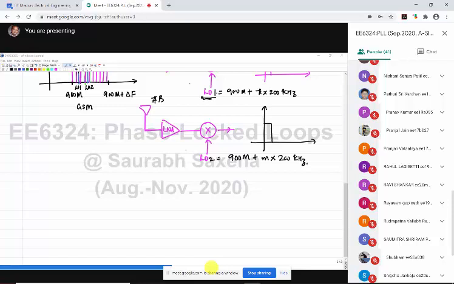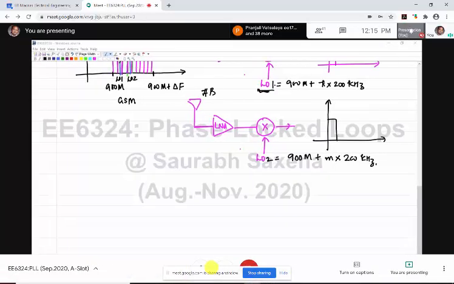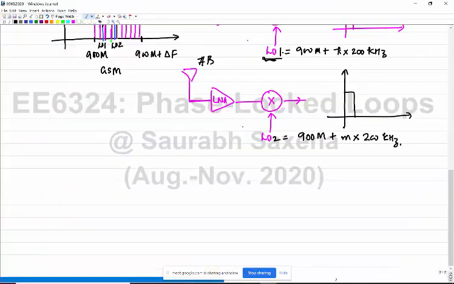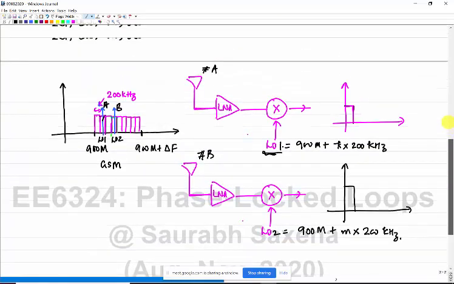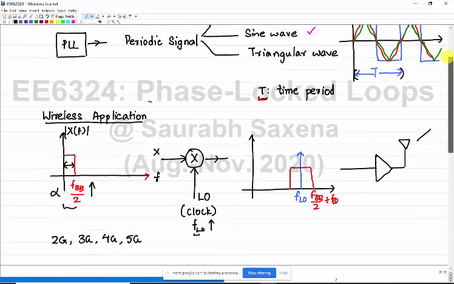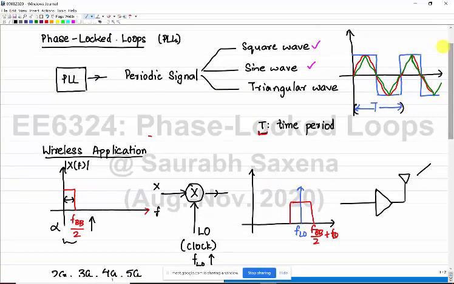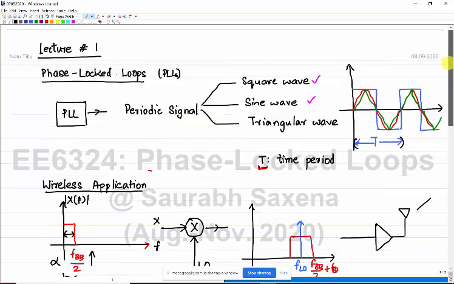Okay, so if you look at this wireless application, you require some exact frequency. By the way, when I first showed you a sine wave, and then I told you that you have a LO frequency and this is how you are going to mix it, I am going at a very top level. Right now we are not going into details, just to show you where it is used.